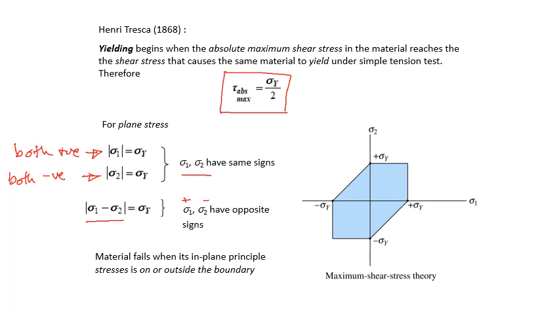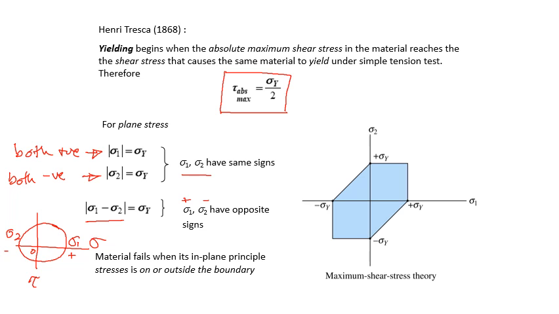Sigma 1 minus sigma 2, and sigma 2 is negative, so it gets larger. Okay, so it becomes the diameter, because in the Mohr circle, when it's one positive, one negative, that's sigma and that's tau, right? Sigma 1, sigma 2. Sigma 2 is negative, we have 0 there. So this is negative, this is positive. So sigma 1 minus sigma 2, you will get the diameter for the circle, right?